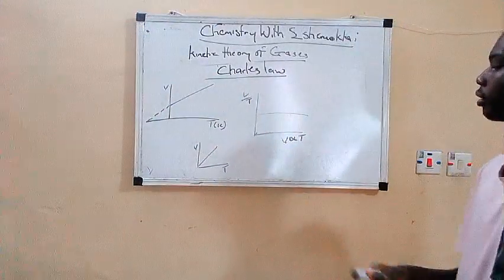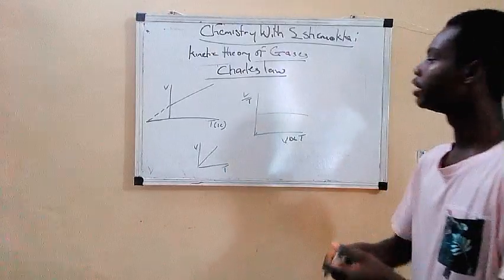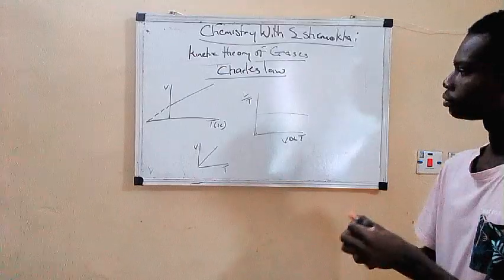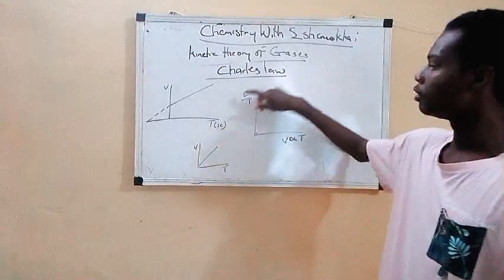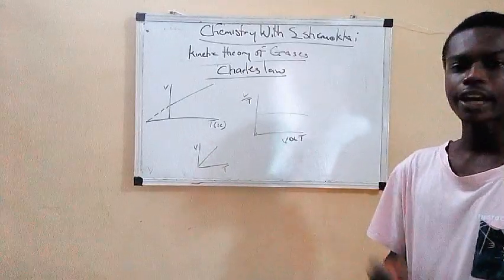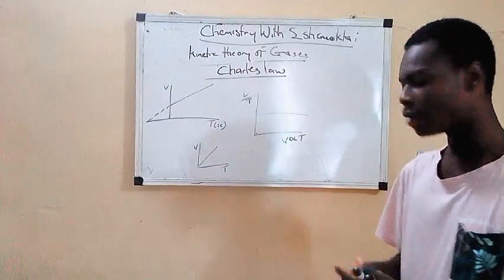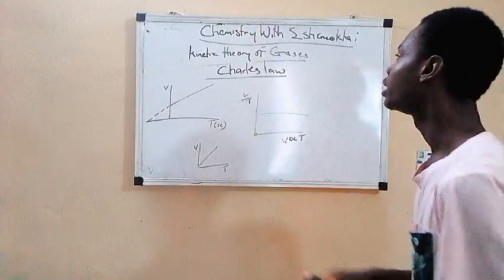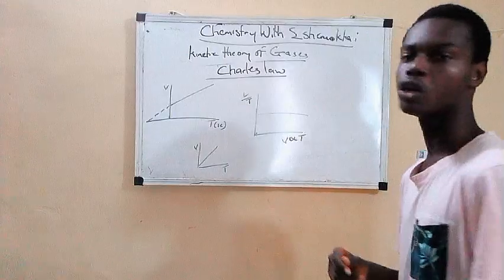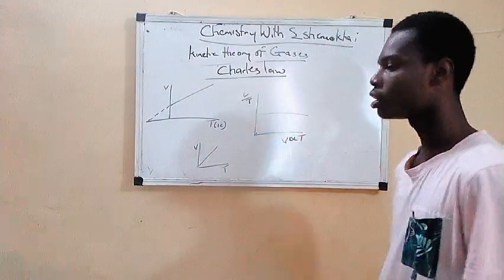So these are the graphical expressions of Charles' law. V here, T here, V over T, V directly proportional to T. These are the graphical expressions of what? Charles' law. I repeat, Charles' law states that the volume of a given mass of gas is directly proportional to its pressure provided that our temperature remains constant.